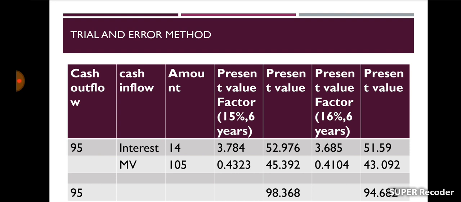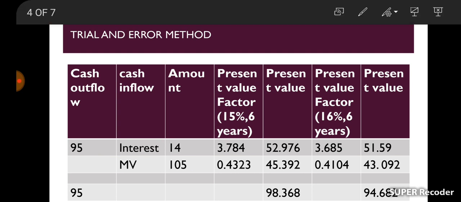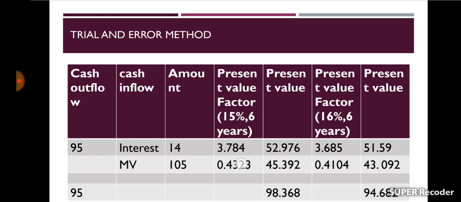Now we need to calculate the present value of 105 at the rate of 15% discount rate. We are multiplying 105 with the present value factor because we are getting the maturity value at the end of the 6th year only.